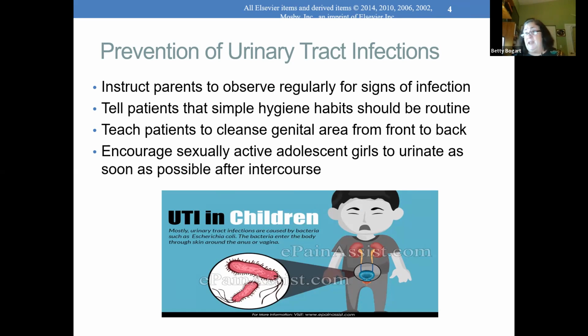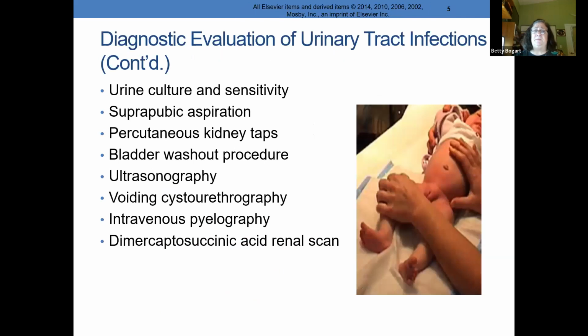And of course, washing hands all the time. Also, they're saying with adolescents, young girls who, if their choice is to be sexually active, if they can urinate as soon as possible after intercourse, it can help decrease the amount of urinary tract infections, especially in those adolescents who tend to get more frequent infections.